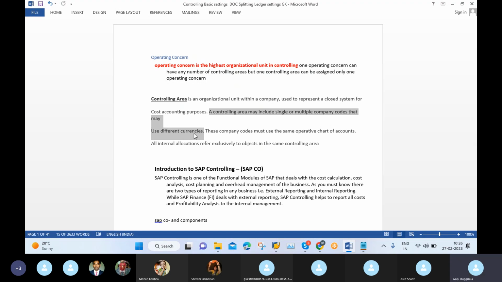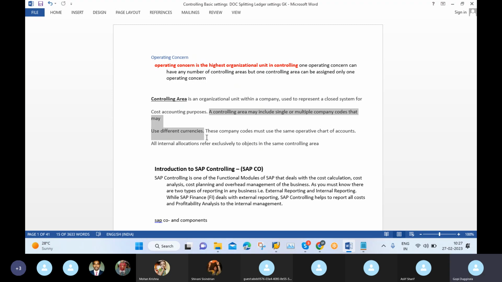In real time, yes, we can use it for multiple company codes, and that too with different currencies. This is also very, very important. Each and every country has different currencies.